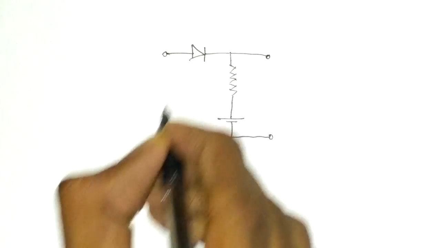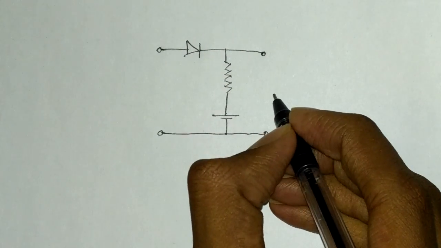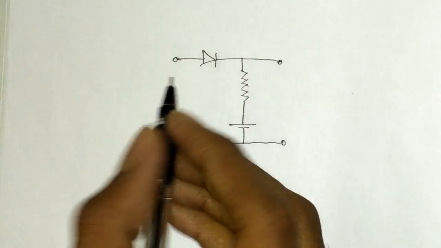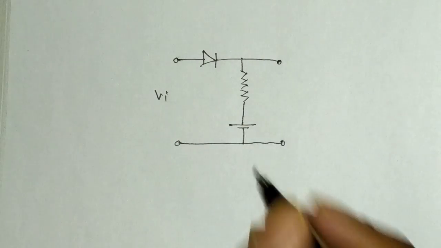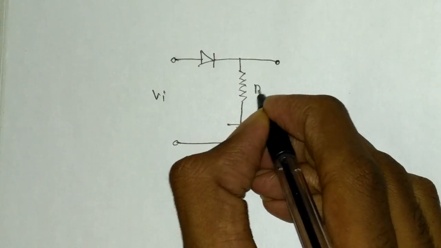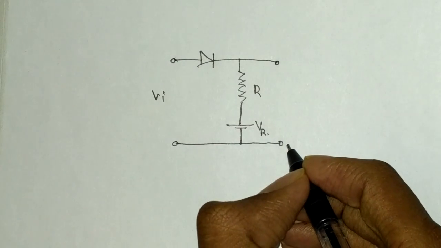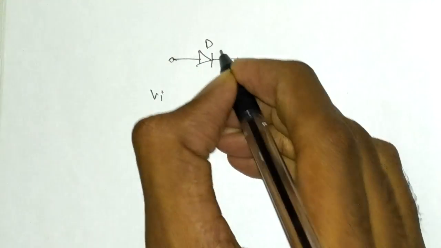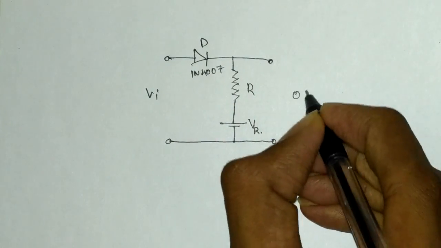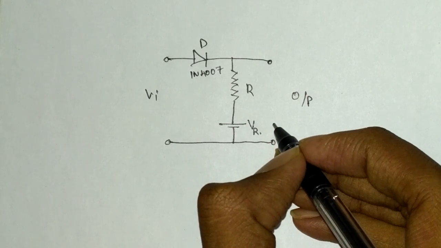The input is given to the diode and the output is taken across the resistor R. This is VR, which is the reference voltage. This is the diode, 1N4007. The output is taken at the end of the diode comparator.